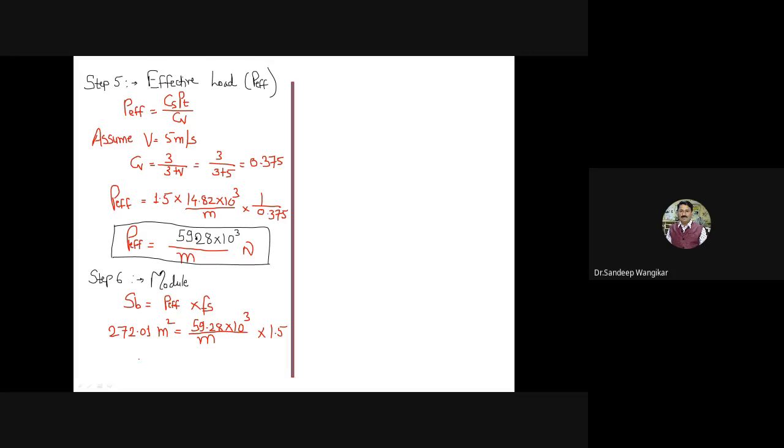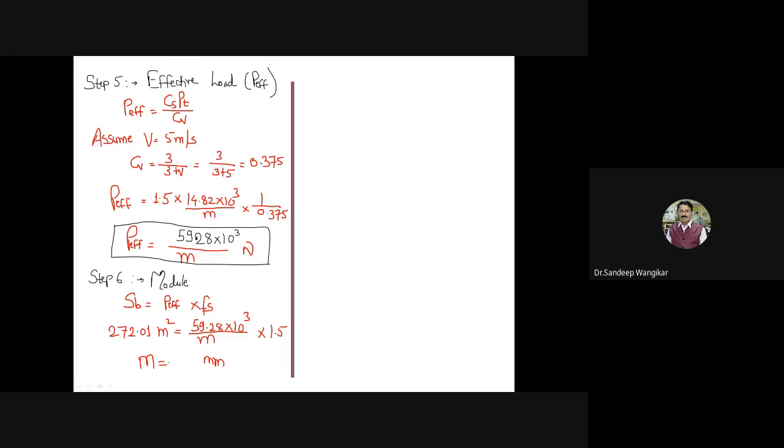So I will directly say that module is equal to, value for module, 6.88, 6.89.